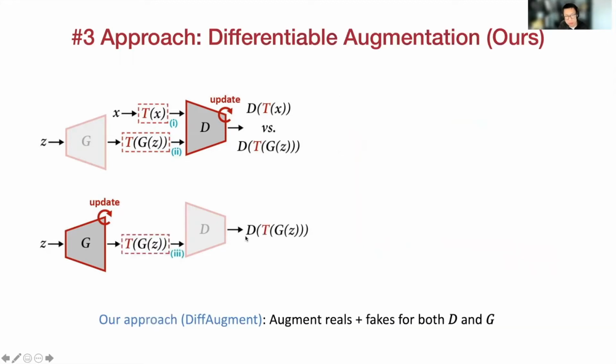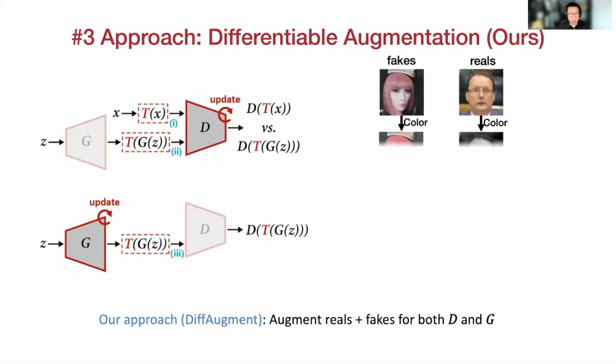So in our paper, we apply it everywhere: to the discriminator, real and fake, and to the generator as well. And to make this work, we need to make this transformation layer differentiable because we want to get gradients from the discriminator through this layer back to the generator. If that makes sense to you. So this makes results much better.